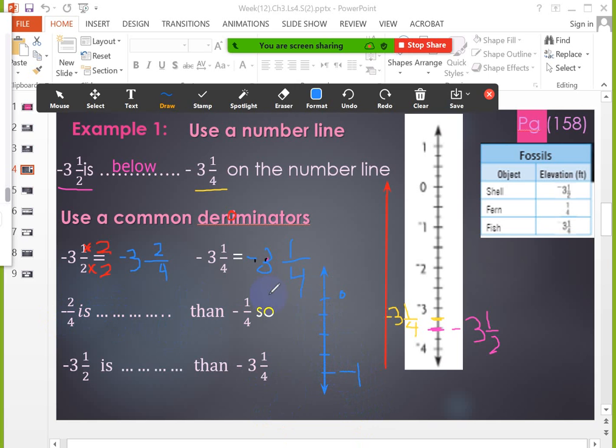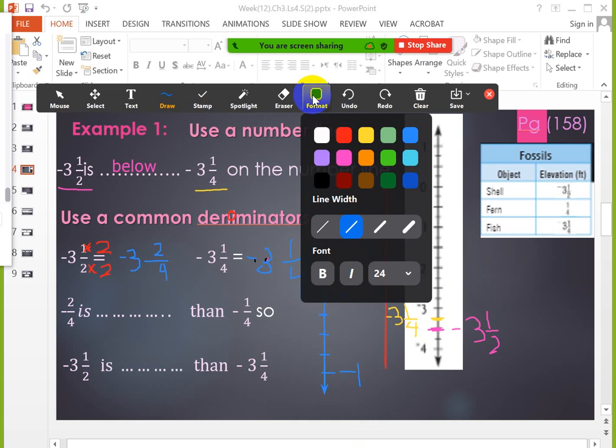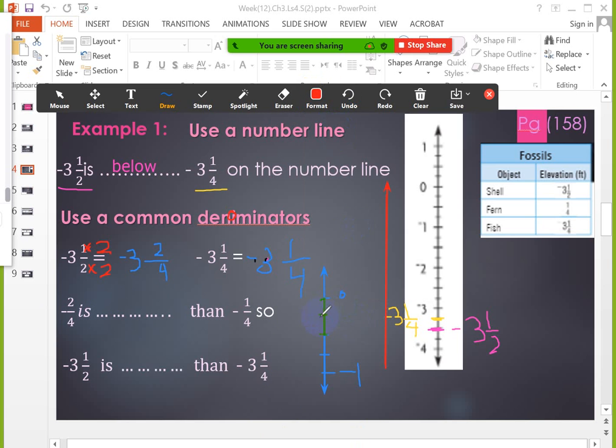What is 1 over 4? This is 1 over 4. Okay, I will choose another color. This is 1 over 4 here. This is negative 1 over 4. And this is 2 over 4, 2 parts of 4 parts. So 1, 2. This is negative 2 over 4.